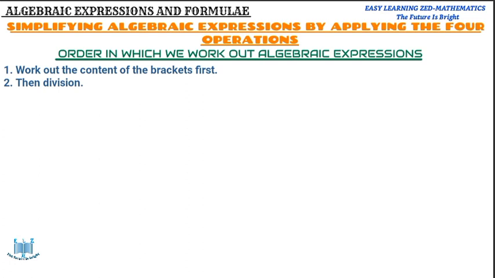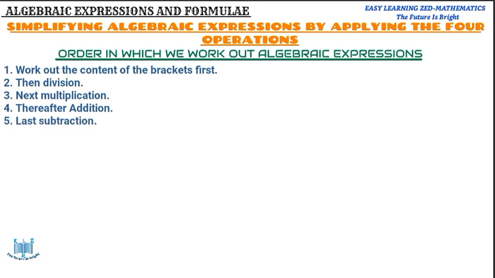Once you have dealt with division in the expression, then next you deal with multiplication. If there is a multiplication sign in the expression, you deal with the numbers that are involved. Then once you are done multiplying, the next step is addition. If there is an addition operation, or there are many, you deal with the addition operations.